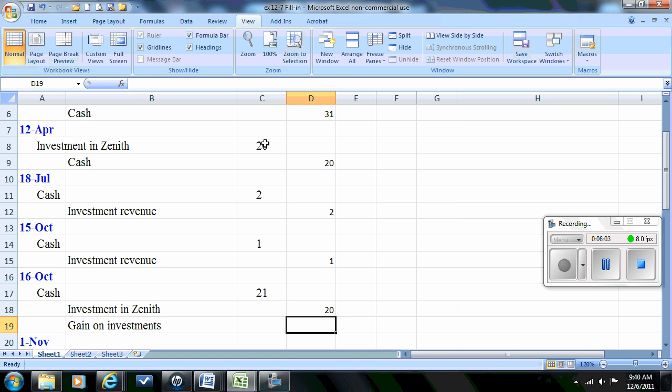So we reduce down the investment account to zero, and the difference between the cash proceeds and the cost of the bonds we recognize as a gain. The gain is separate from investment revenue. It's a separate temporary account. It too needs to be closed out at the end of the year.